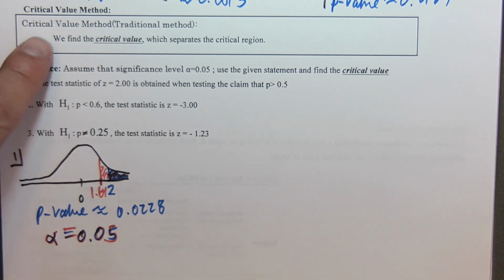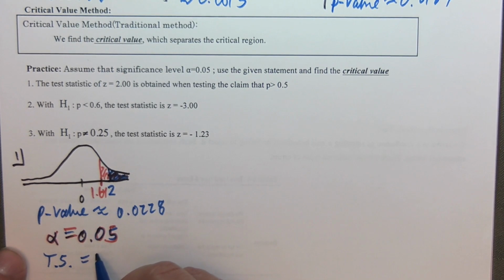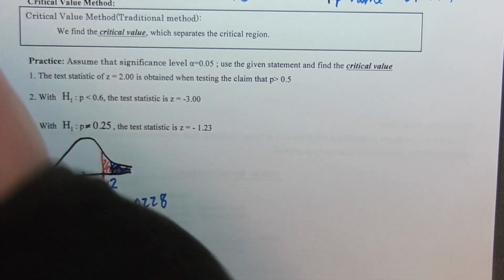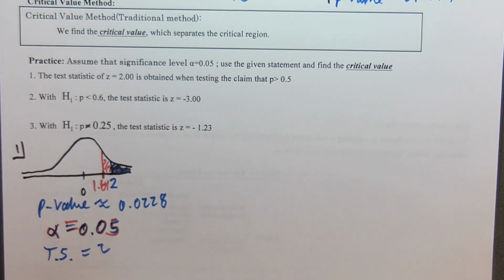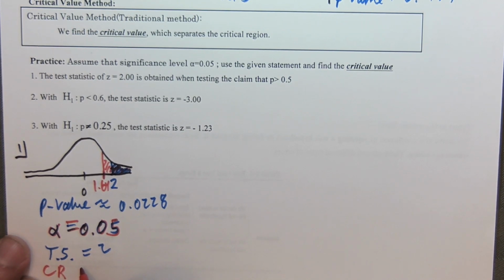But the critical value method is not comparing that. It is comparing the test statistic, which in this case is 2, to the critical region.